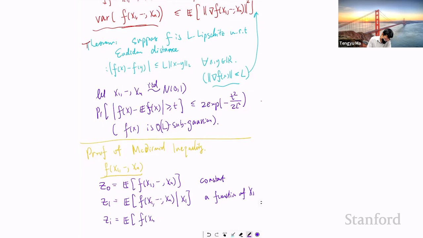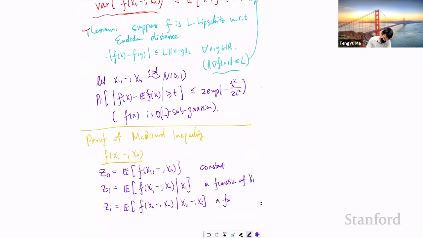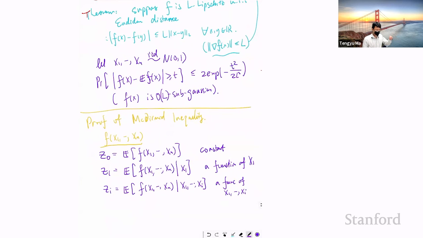You can also define zi, which is the expectation of f of x1 up to xn, conditional on the first i random variables. This is a function of x1 up to xi. Given x1 up to xi, this becomes a scalar because all the other randomness got averaged out. So z0 doesn't have any randomness, z1 has a little randomness because it's a function of the random variable x1, and zi has more and more randomness.